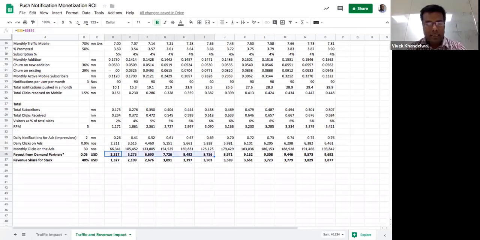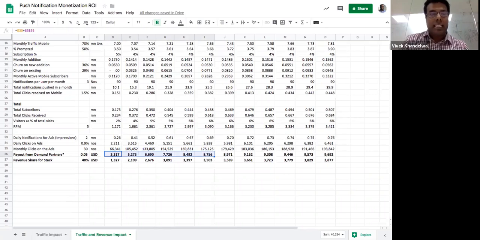And if you look at this, in the first 6 months, you would have added close to about $40,000 of total ad revenue for yourself without creating more ad slots on the website, without integrating another ad network on your website, right? So that's really the beauty of push notification ads.